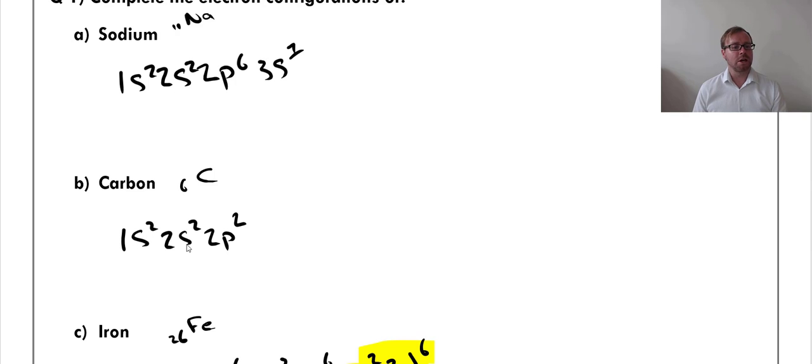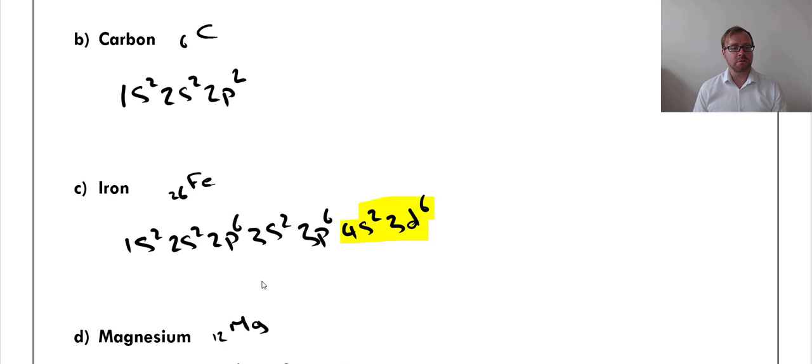So 1s2, 2s2, 2p2. Fe, 26 electrons, so 1s2, 2s2, 2p6, 3s2, 3p6, 4s2, 3d6. Remember, we fill our 4s before our 3d. It doesn't matter if you write 3d6 or 4s2, examiners don't really bother about that, but I think this is the better way to write it round.